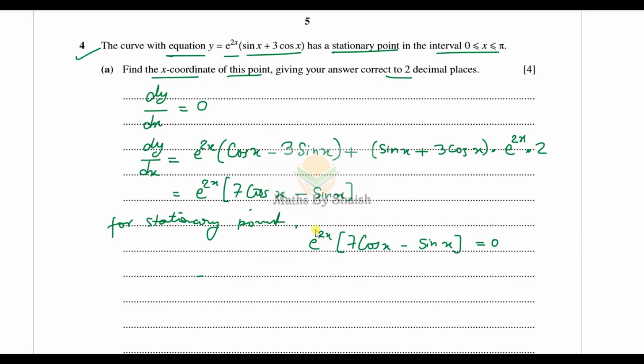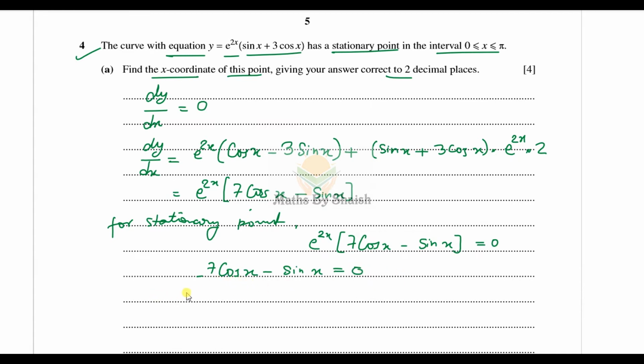Since e raised to the power 2x will never be 0 for values from 0 to pi, the only possibility for this product to be 0 is if the other term is 0. So 7 cos x minus sin x is equal to 0.